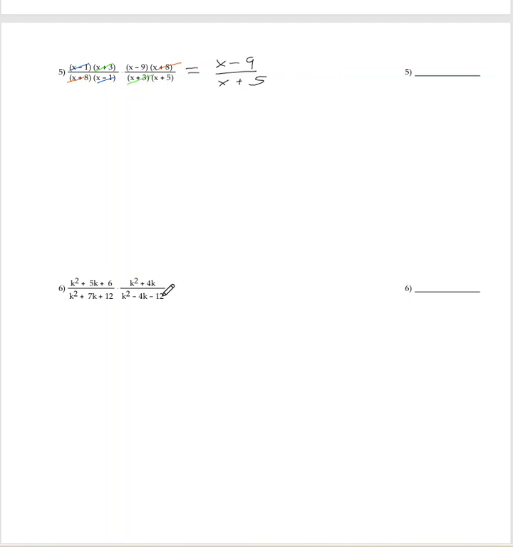This exercise is similar, but they don't give us a factor, so we must start by factoring the polynomials. So we will say that the factors of k squared plus 5k plus 6 are k plus 3 times k plus 2. 3 times 2 is 6, 3 plus 2 is 5. Over k squared plus 7k plus 12, it would be k plus 3, k plus 4. 3 times 4 is 12, and 3 plus 4 is 7.